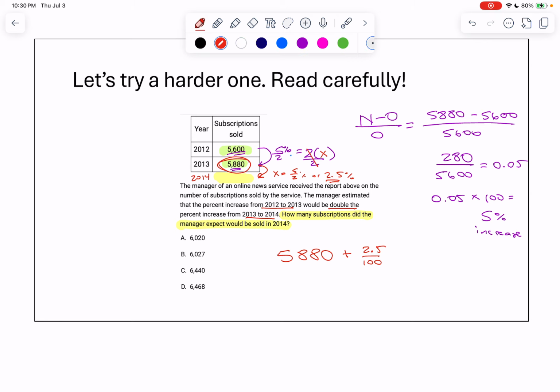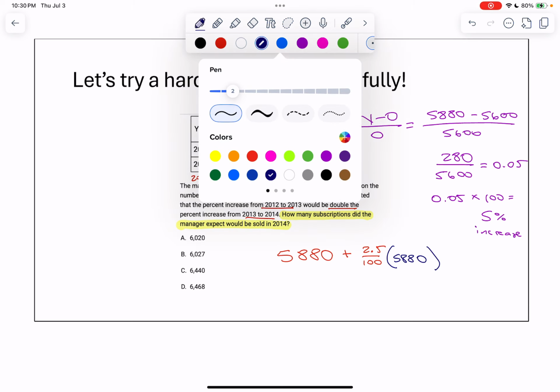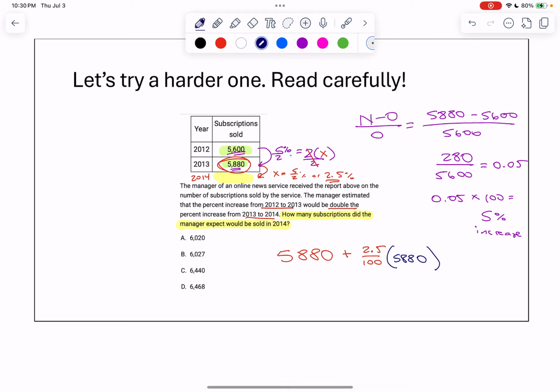So we're going to multiply it by what we're taking the 2.5% of, which was the amount that we started with. So if I punch this into my calculator, and I hope you're doing it along with me too, we'll get 294, and we're going to add that on to what we started with, and we're going to get, I got something a little funky.